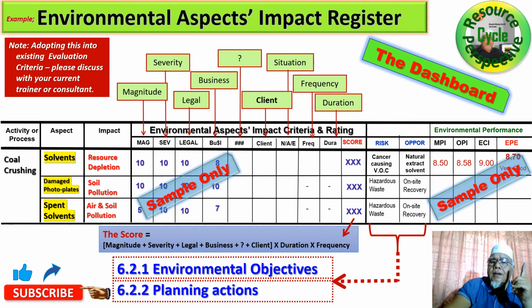But remember, you have to update it from time to time, not just prior to the certification audit or external audit. No, you have to update it from time to time, as and when necessary.